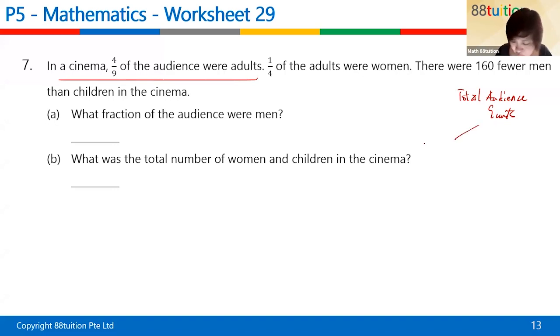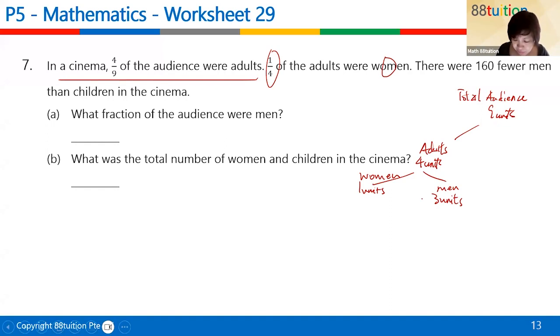And then it's broken into adults, which is 4 units are adults. 1/4 of the adults, that means 1 unit of them were women. So I got to write here women and men. So men will be 3 units for sure already, right? Because 1/4 are women. So what is the difference here will be 2 units difference, right? Because he said fewer men. Oh, no, I don't want to find this difference. I want to continue with my children.